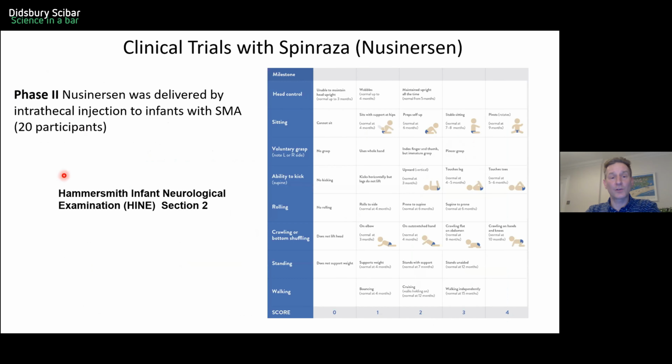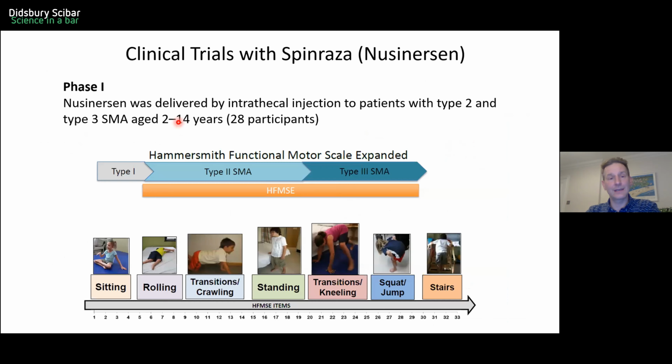Phase 2 worked really well as well, looking at infants with SMA, whereas before this was older patients.